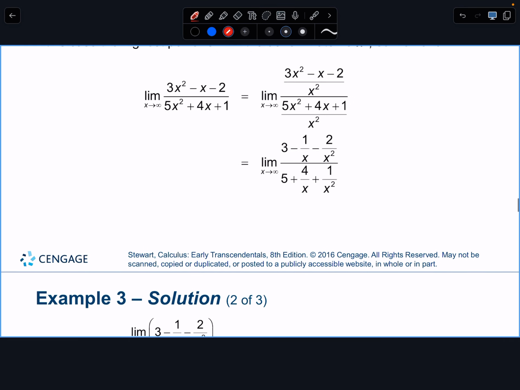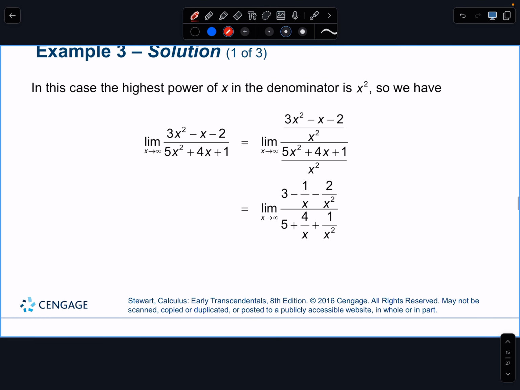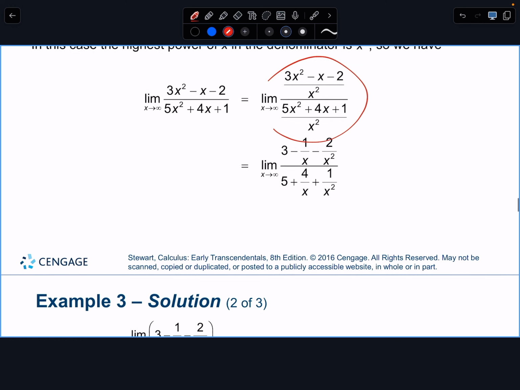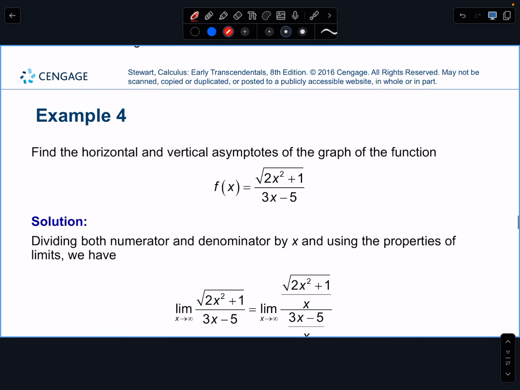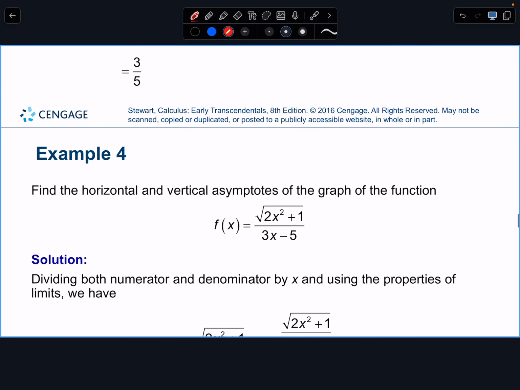And just to go backwards, if we wanted to skip a step, we could skip that one to make it a little less tedious. Okay, I'm sorry, let me just go back.